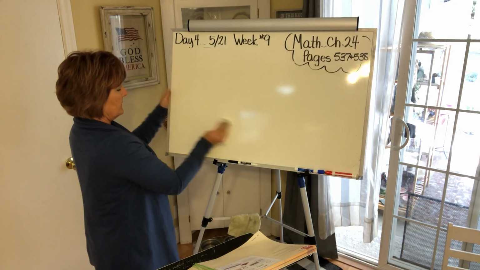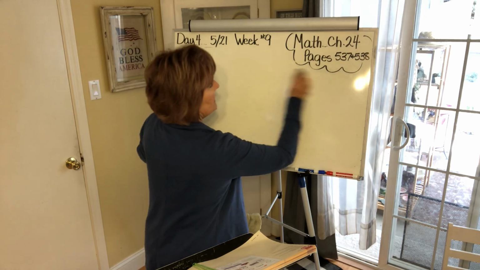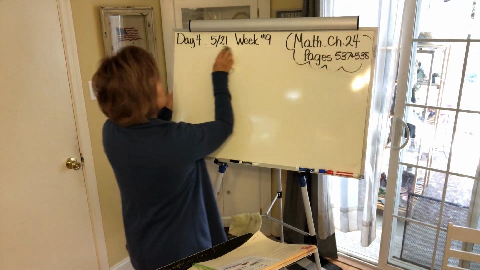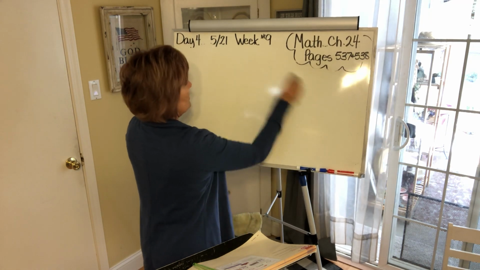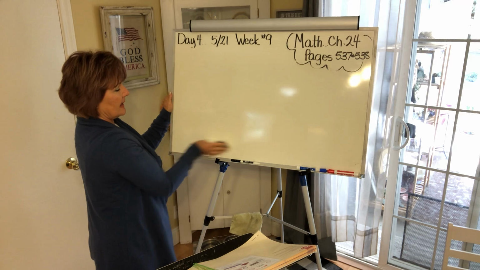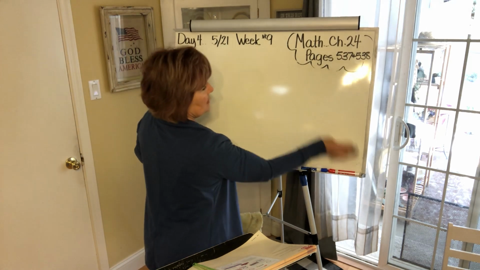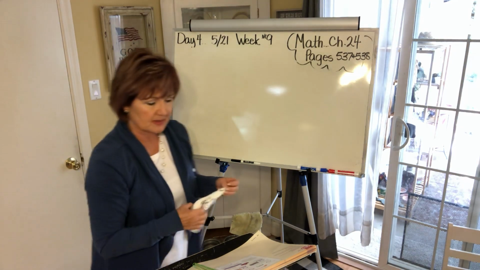You got that? So don't turn it on and say, okay, children, we are going to go over your chapter test for chapter 24. We won't be doing that. I'll be saying, okay guys, now that you're finished with your chapter 24 test, we're going to correct it together. That'll be the difference, okay?